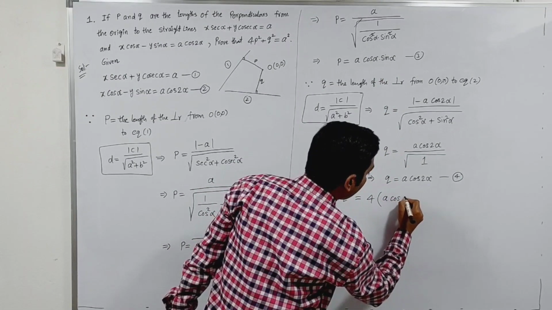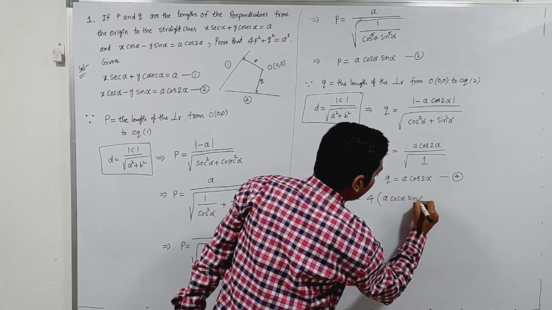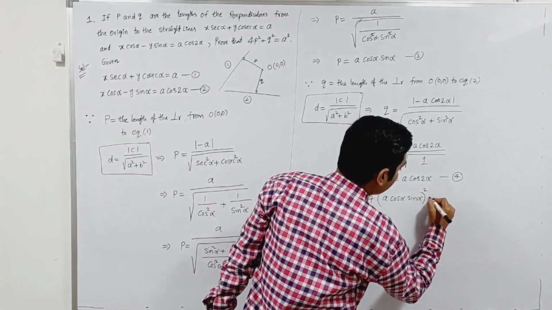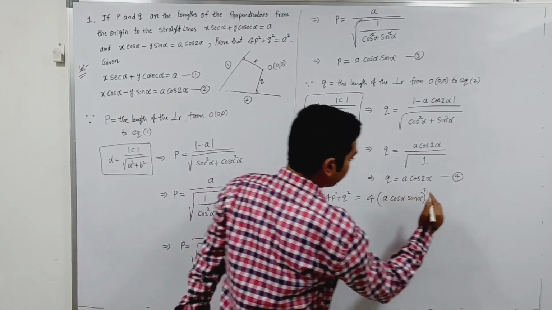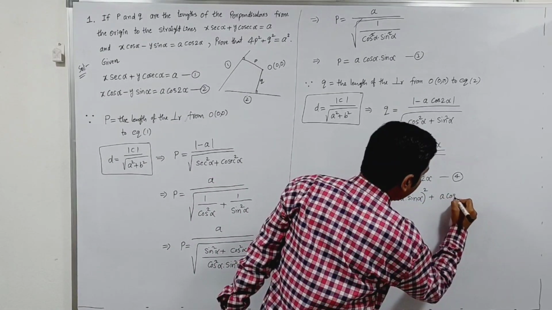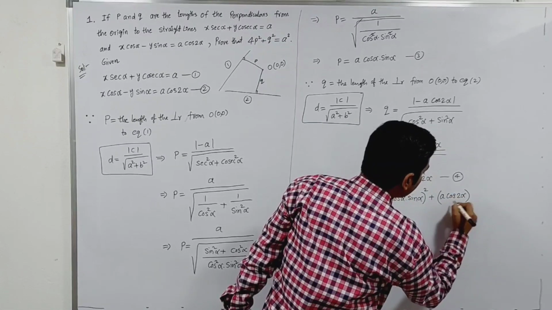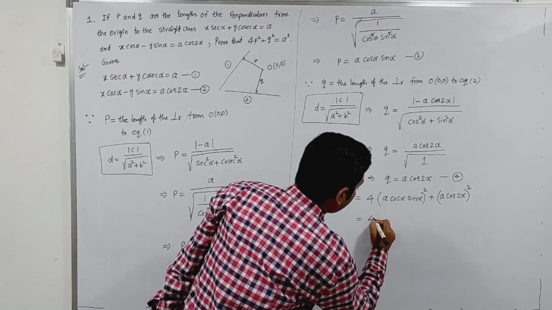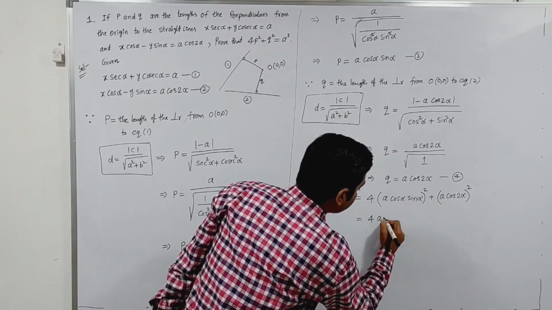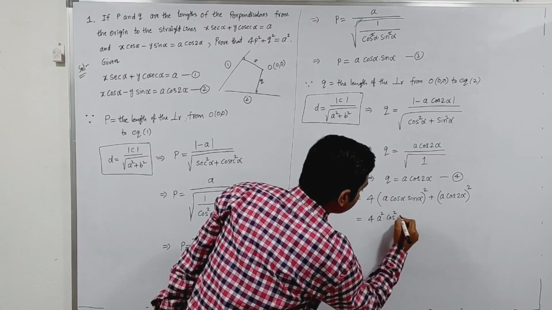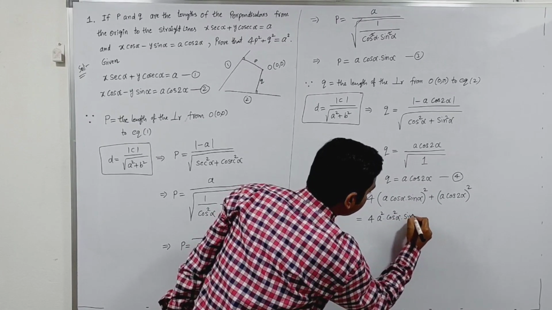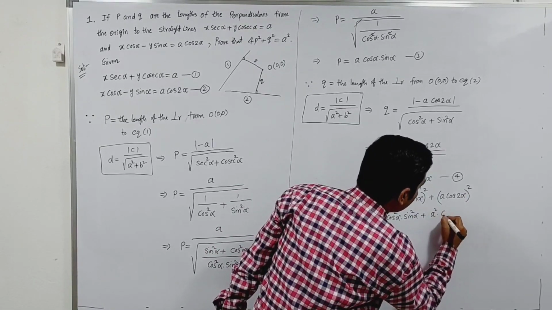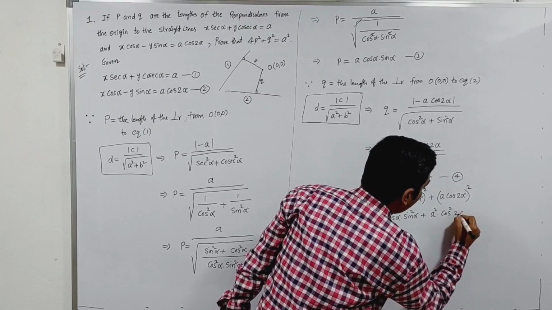A cos alpha into sin alpha, and P square means squaring it. In the place of q square, apply the q value, a cos 2 alpha, and q square means squaring it. Now expand this equation. 4 into a square into cos square alpha into sin square alpha, plus a square into cos square of 2 alpha.